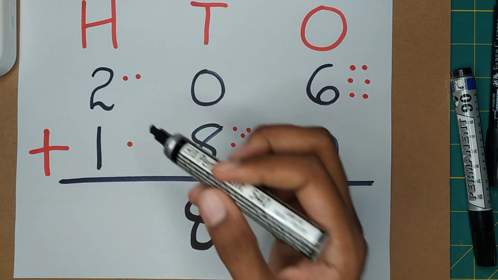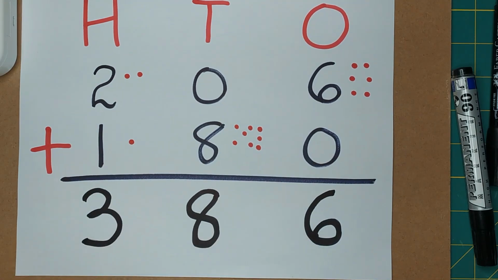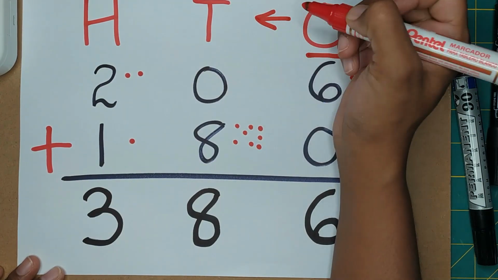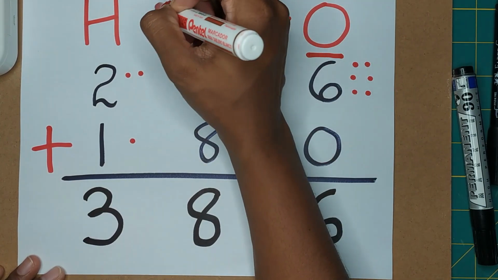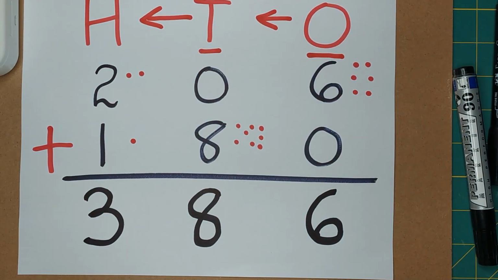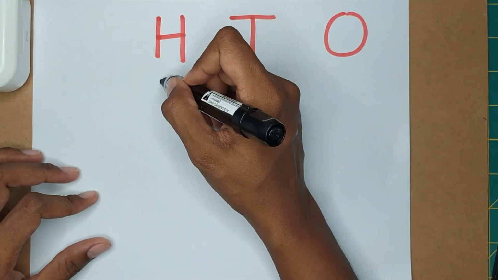Number 3, we have 337 add 150. So you would notice so far I have ones under ones, tens under tens, hundreds under hundreds.